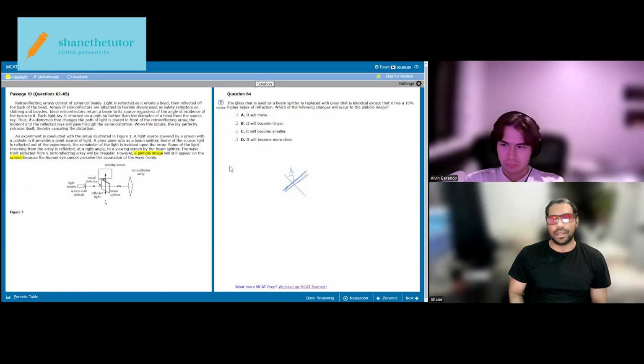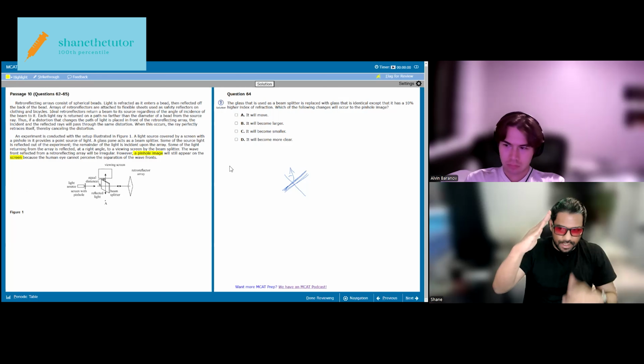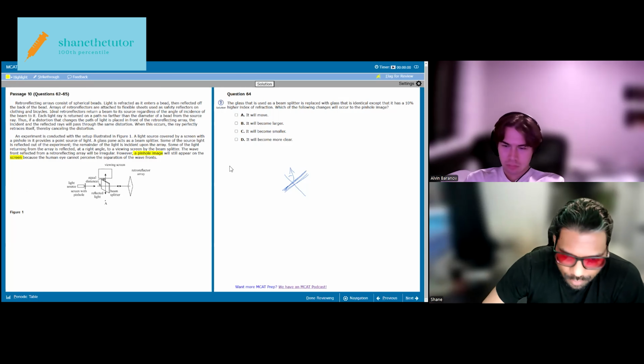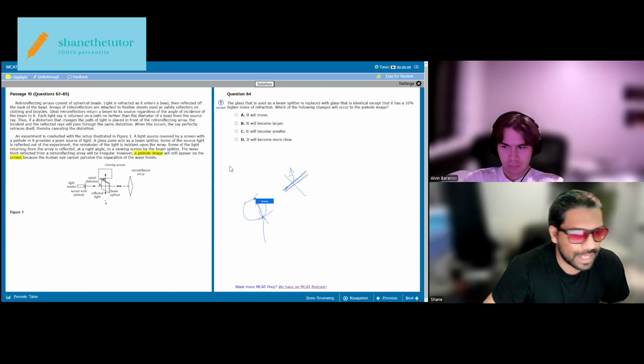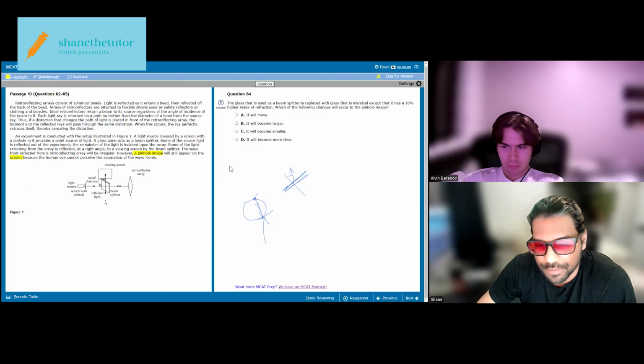Yeah, distances. But if we're increasing the index of refraction, we should have it like that drawing that was there before, where this goes and hits that. This is the interface, this is the normal, and it moves towards it like this. Wherever this is could be the location of that pinhole image.